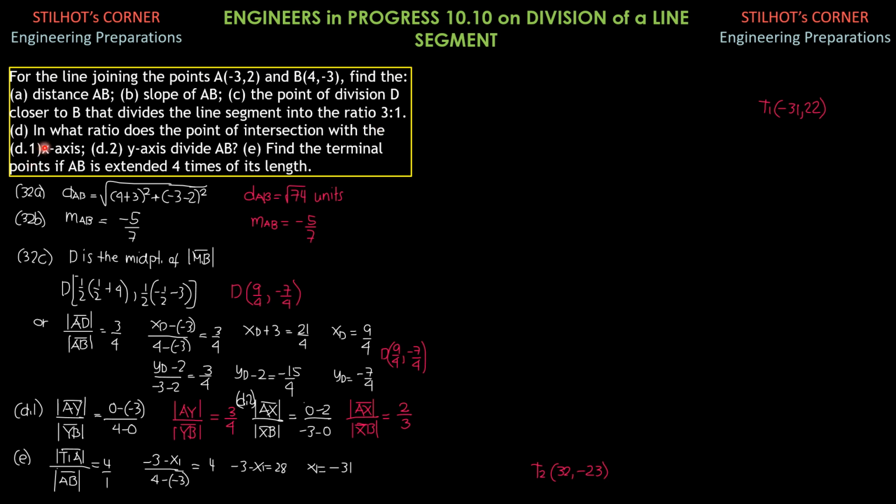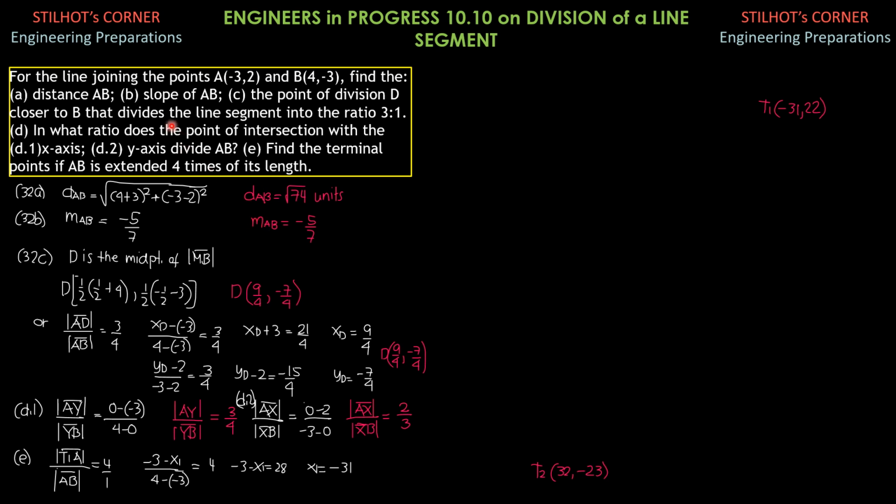Then D, in what ratio does the point of intersection with the x-axis and y-axis divide line AB. Then find the terminal points if AB is extended 4 times its length.